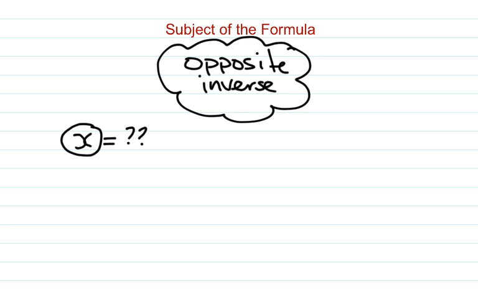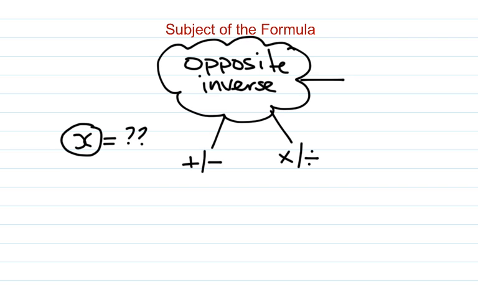Before we get started, we'll have a quick look at opposites, or the inverse operation. If we add something, the opposite of that is to take away, and vice versa. If we multiply something, the opposite would be to divide, and so on.